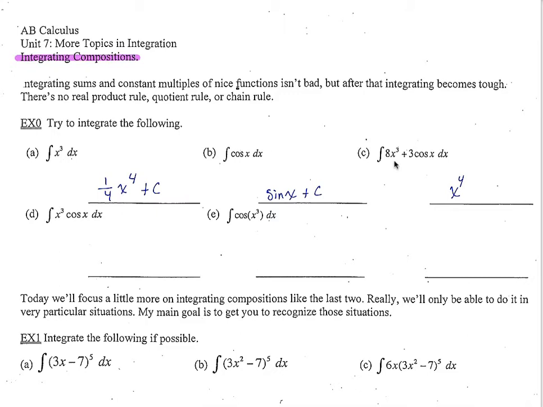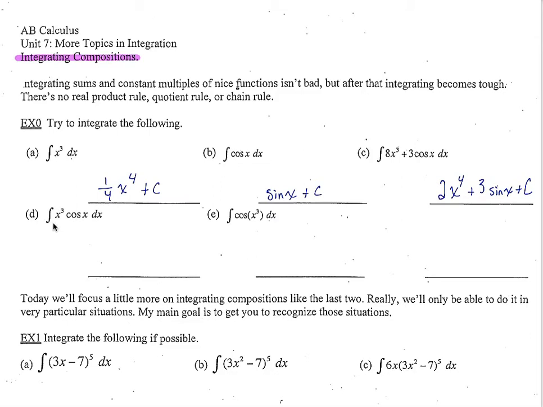We want 8x cubed, so then that means this coefficient must be 2, and then the antiderivative of cosine x is sine x, and we want the coefficient to be 3, and then we put our plus c. All straightforward.